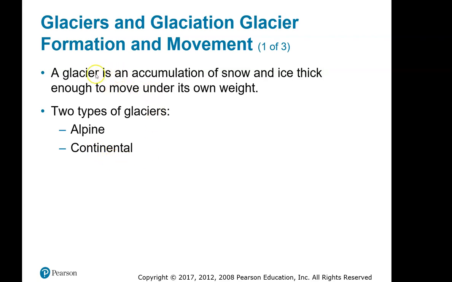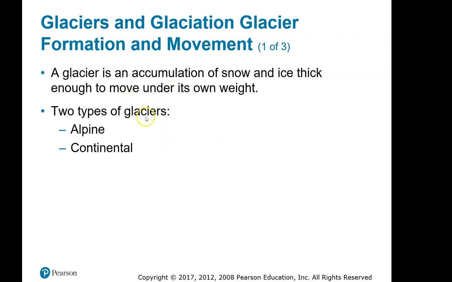A glacier is the accumulation of snow and ice thick enough to move under its own weight. It always moves downhill, from higher terrain to lower terrain, so keep that in mind.